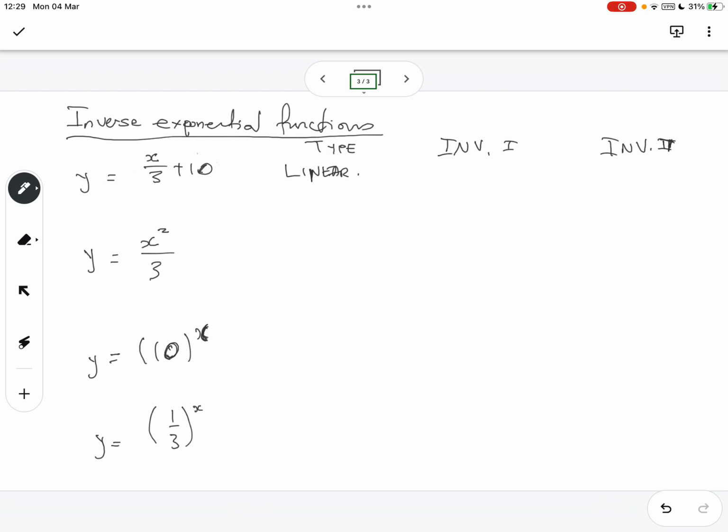What's the standard form for a quadratic equation? It's ax squared plus bx plus c. So doesn't that look a little bit like the x squared over 3? It looks like the ax squared part.